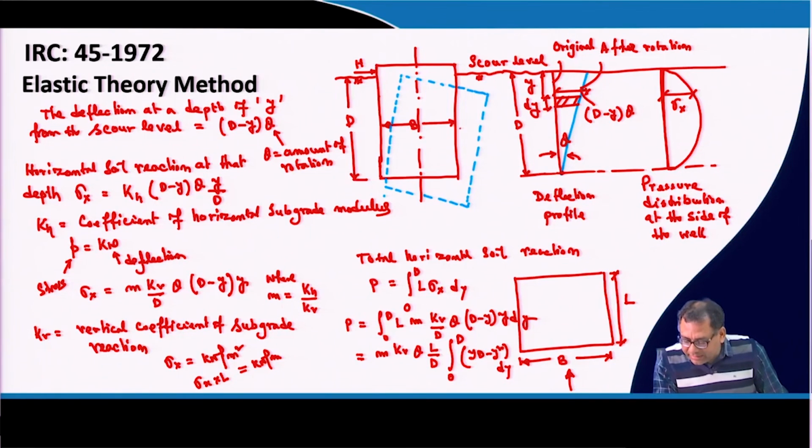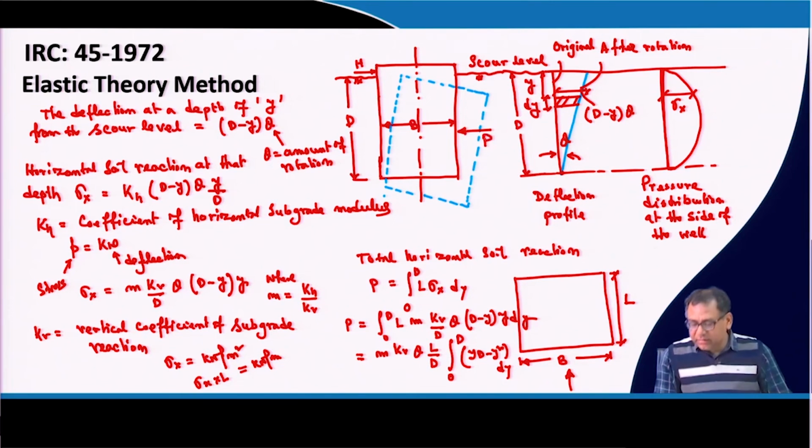So, now it will act here. So, this is the total horizontal soil reaction that is acting here, because now this is the total stress distribution. Now, P is the total force and this force is acting here. So, because of this force, there will be friction or shearing along the depth of the well. I mean that friction is between the soil and the wall or the soil and the well.